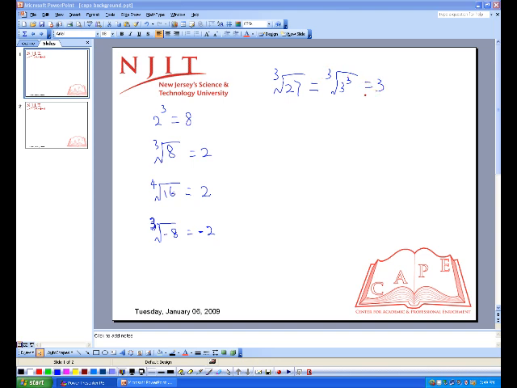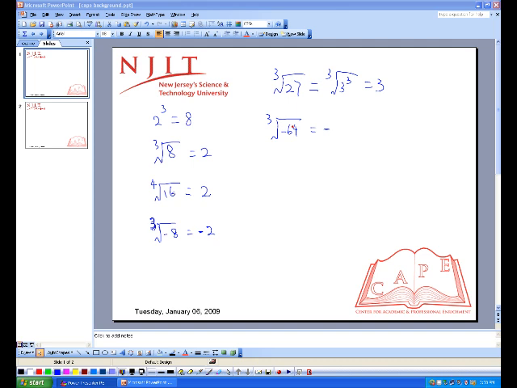And let's try the cube root of negative 64. As I said earlier, the cube root of a negative number is still a negative number.